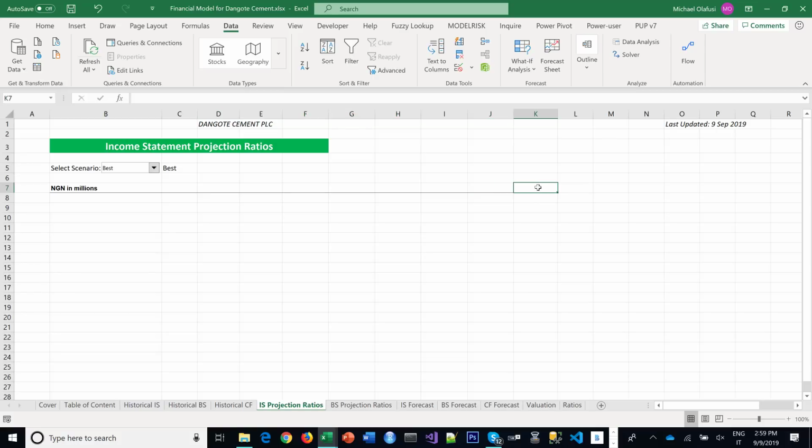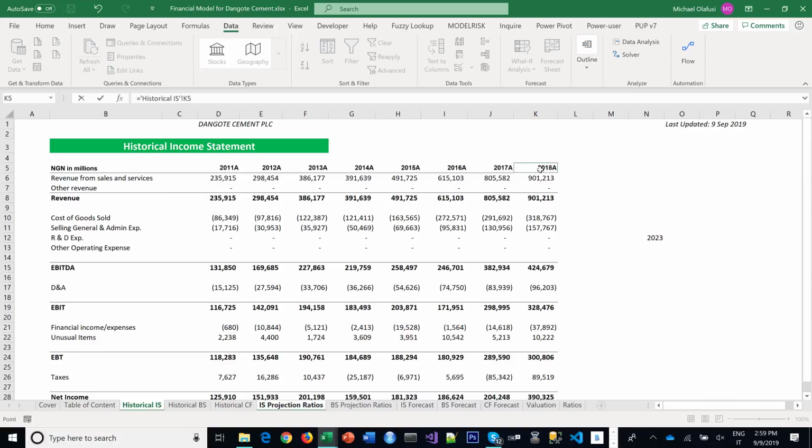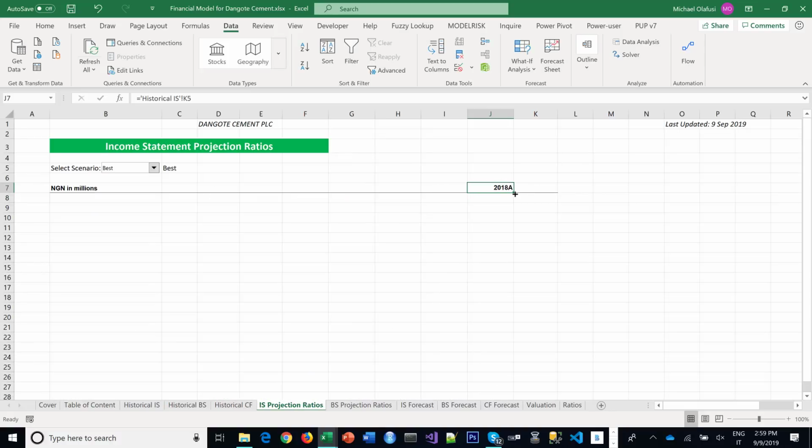So I say this equal to here, the last actual year, and I can drag this backwards, and then I can do this forward +1 to get me the future year, and we go 2, 3, 4, 5. So typically you want to forecast 5 years at least into the future. So I'll go with that approach of doing just 5 years into the future.